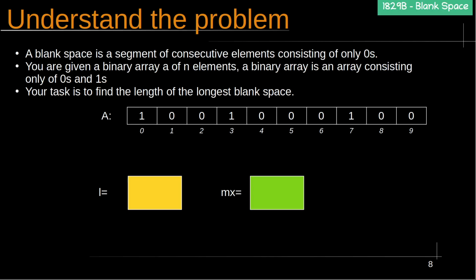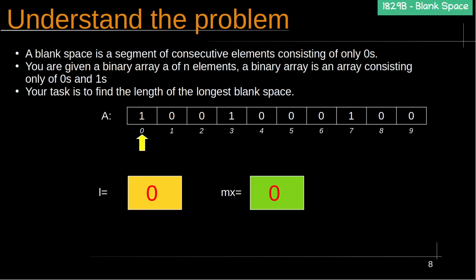We have this array, and we need two variables. L to compute the length of the current blank sequence, and mx for the maximum length found until a specific point. Initially we initialize the two variables to 0, and we start with the first element at index 0.